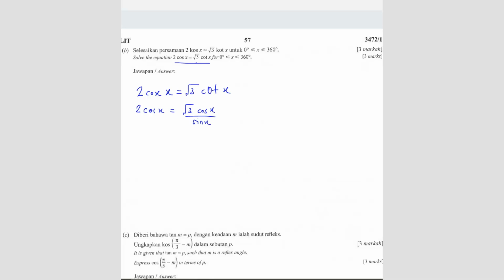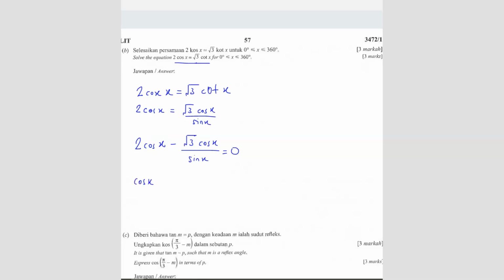First, we bring the whole thing to the left hand side. So you have 2 cos x minus root 3 cos x over sine x equals 0. Here got cos x, here also got cos x, so we can factorize.